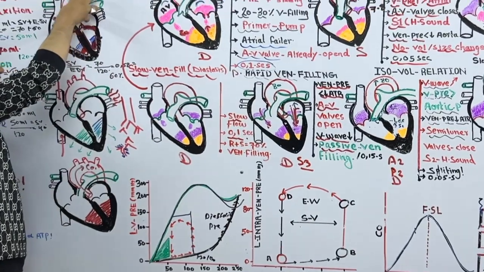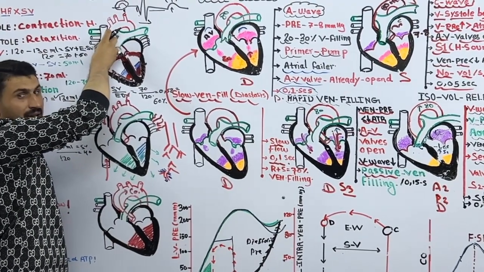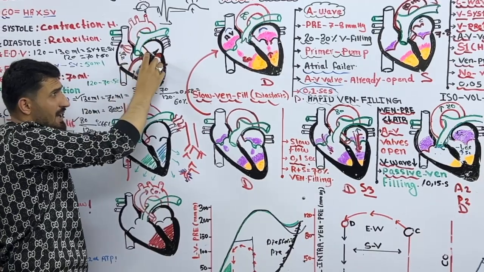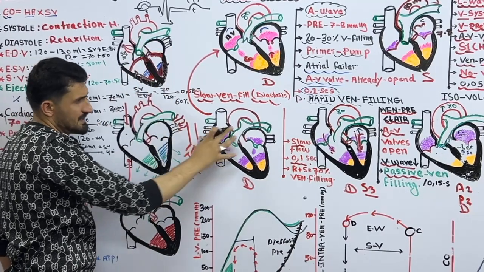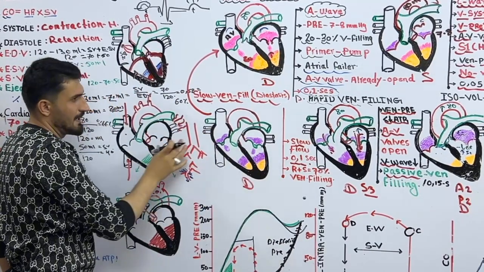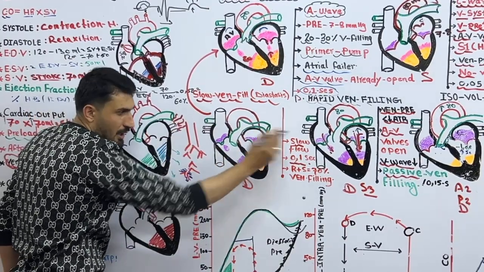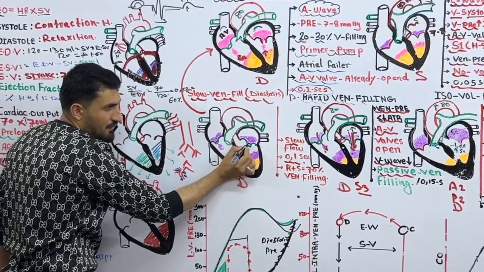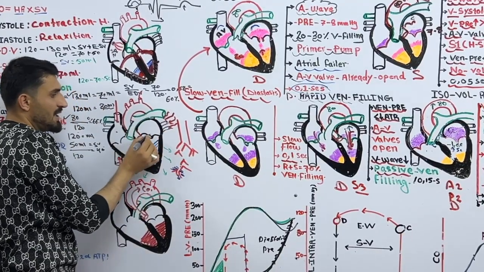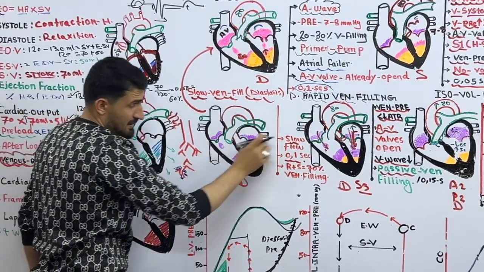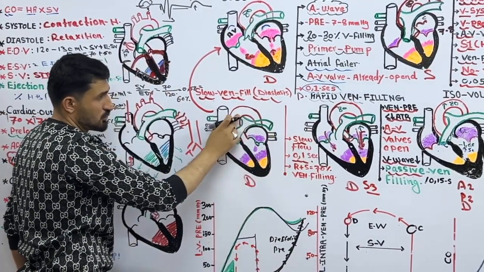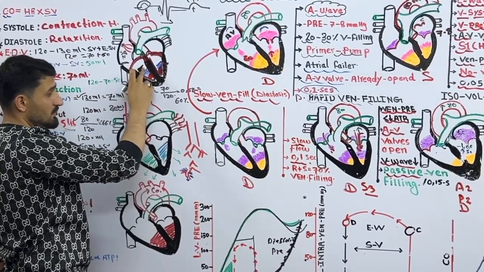Now the atria contract. During all these phases, the filling phase of the ventricles, this valve, I'm talking about the left side of the heart, this valve which is called the mitral valve, is open in the rapid ventricular filling phase, in the slow ventricular filling phase, and in all phases.